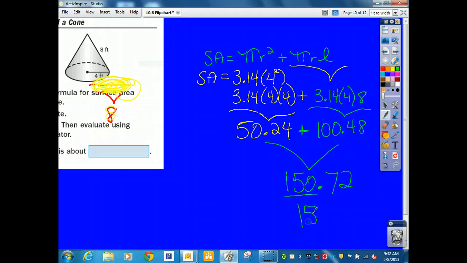So we'll round it to 151 feet squared. What if they said round it to the nearest tenth? What would I get? 150.7, 6, or 8? Right. 7 stays the same because of that 2. So if they said round it to the nearest tenth, it would be 150.7.